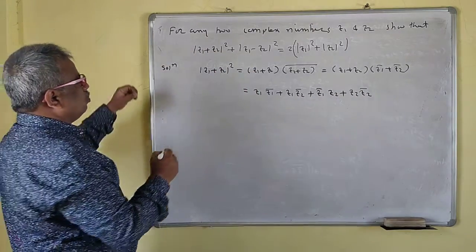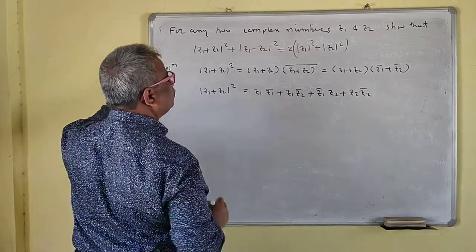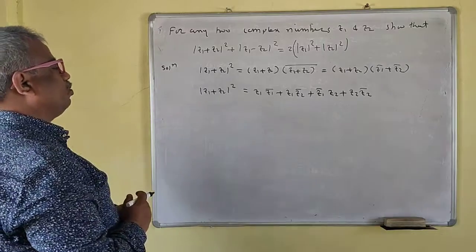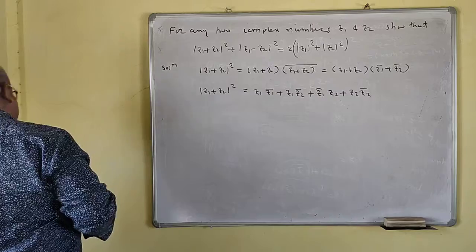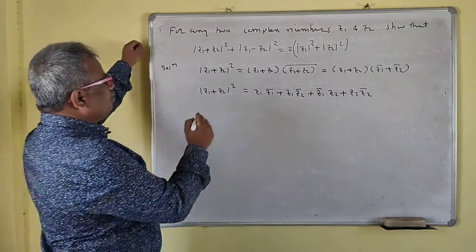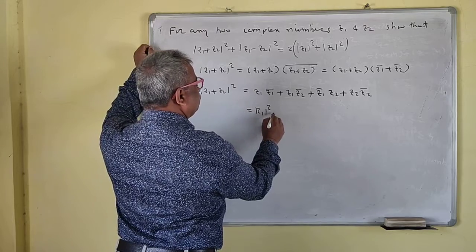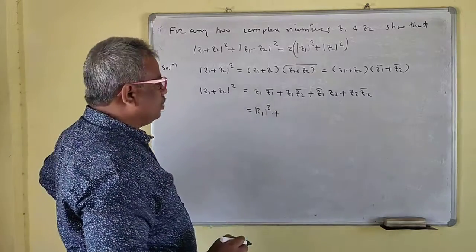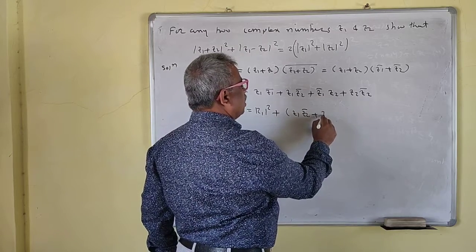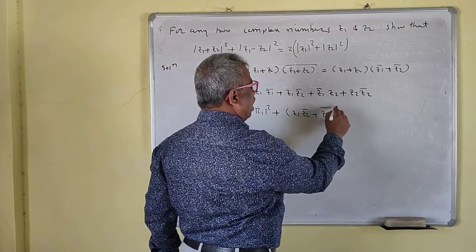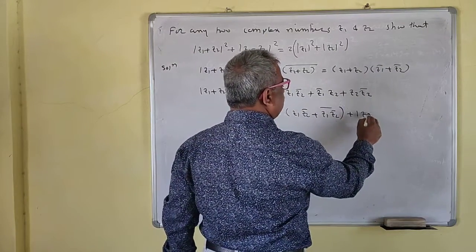So this is mod of z1 square plus z1 z2 bar plus the conjugate of z1 z2 bar plus mod of z2 square.